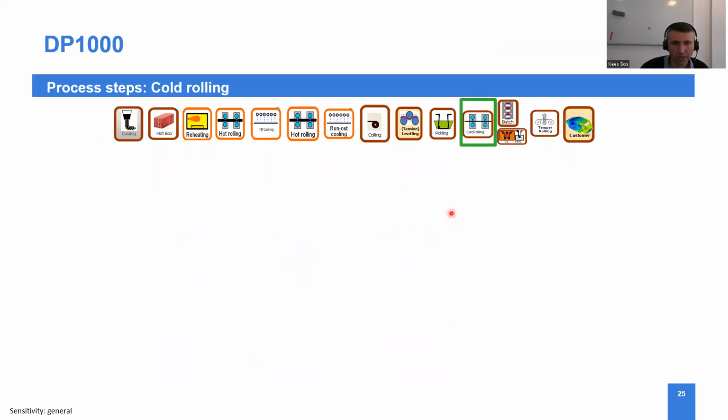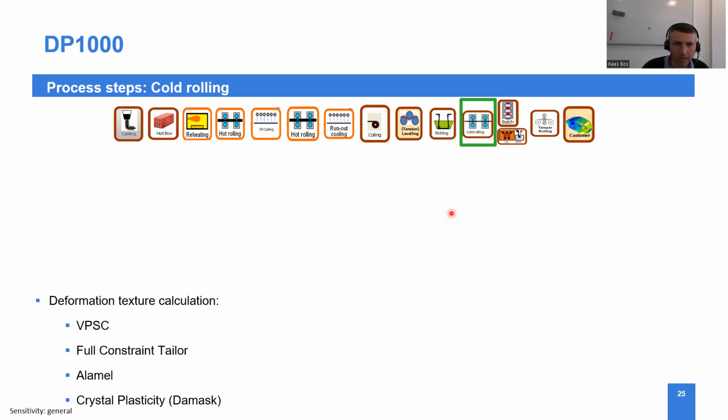That brings us to the next step in the process, which is the cold rolling step. Here, again, as shown in the schematic, we have different options. We could use the VPSC model, or full constraint Taylor or Alamel.